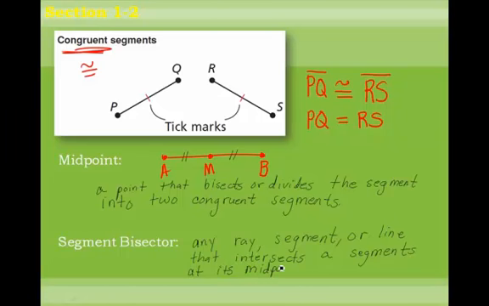And if it intersects it at its midpoint, that means it divides it into two congruent parts.